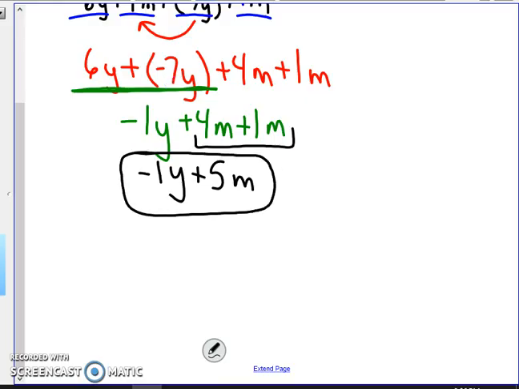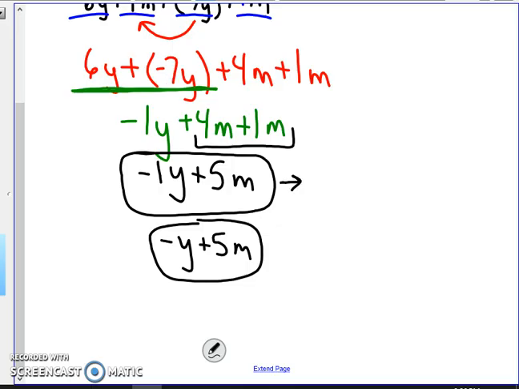Now we've talked about writing our answers in multiple ways. We would accept this for sure. We could also just say negative y plus 5m, because we know the 1 is invisible, or you can have it there, but it is negative. So this is acceptable. Some people, because it's addition, would take this first way and rewrite it as 5m plus negative 1y, and the negative 1y could be in parentheses.